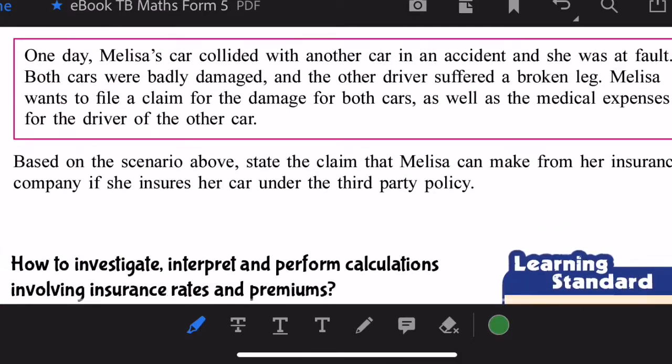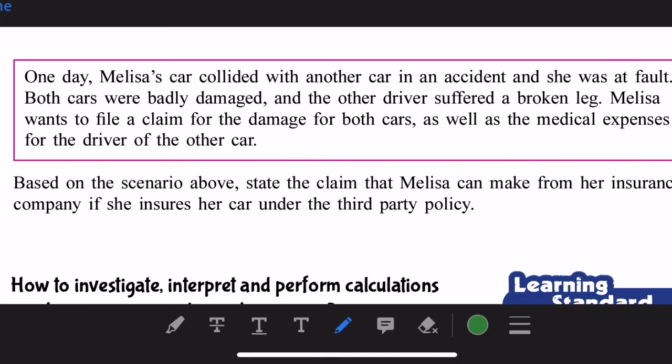And number 2, another question. One day Melissa's car collided with another car in an accident and she was at fault. Both cars were badly damaged and the other driver suffered a broken leg.